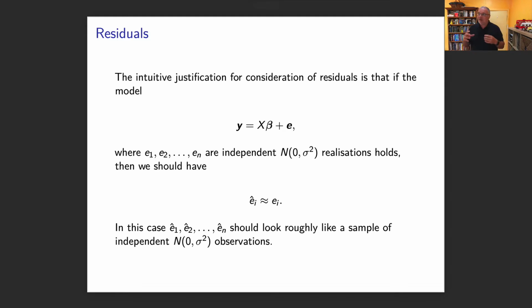So they're like a good plug-in substitute for the true value of this e. And roughly, hopefully, the e_i hat we calculated from the data are approximately equal to e_i. So we know that the e_i should be normal 0 sigma squared, so hopefully our e_i hat should be approximately normal 0 sigma squared.